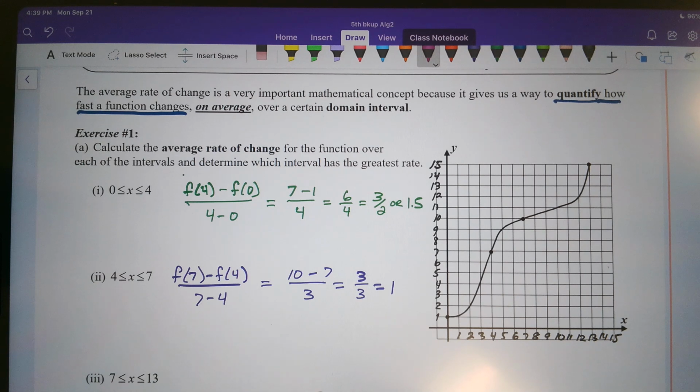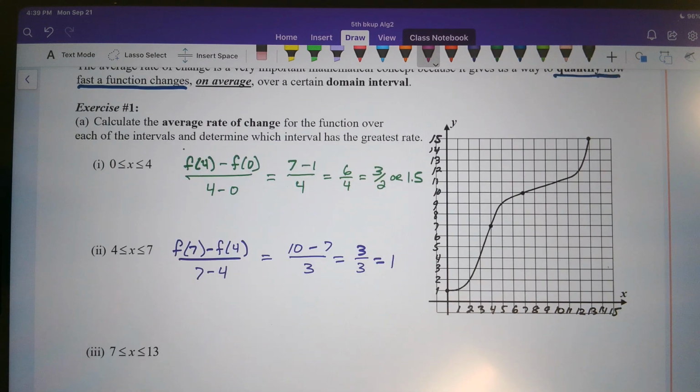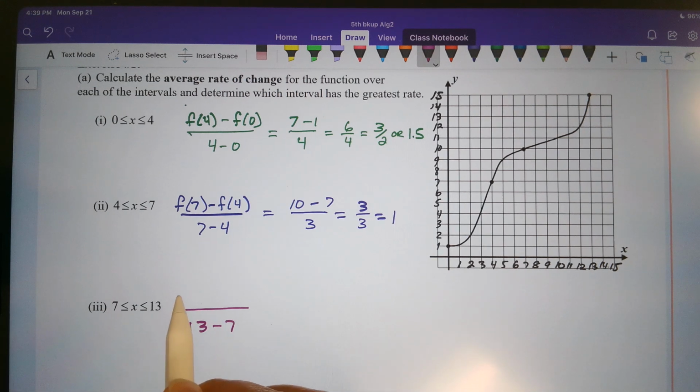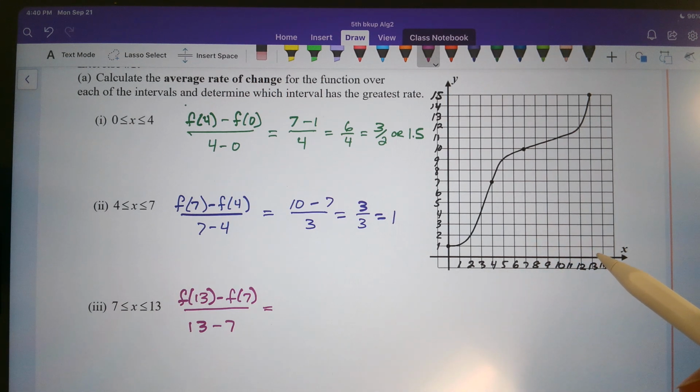And our third interval, x is going from 7 to 13. Those x values make up our denominator, 13 subtract 7, and our numerator is f of 13 subtract f of 7. The outputs make up our numerator. So an input of 13, the output is 15.